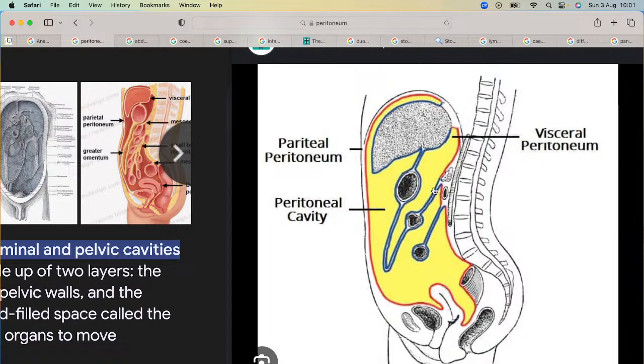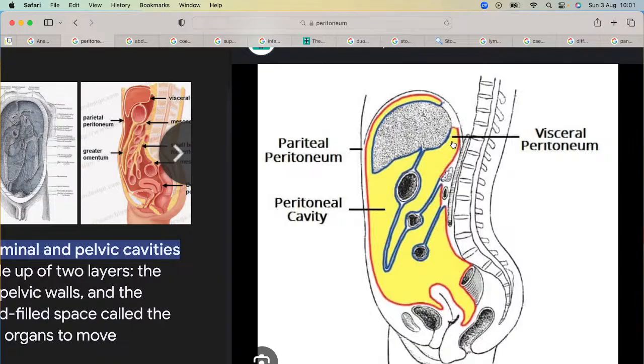While the visceral peritoneum is the layer that essentially wraps all the intra-abdominal organs, including the colon, small intestines, the liver, all of these structures. So essentially the visceral peritoneum, you cannot distinguish. It's a very thin layer that wraps around these organs.